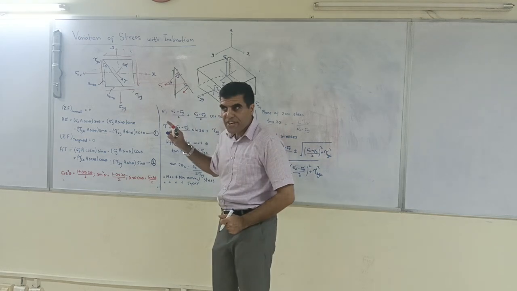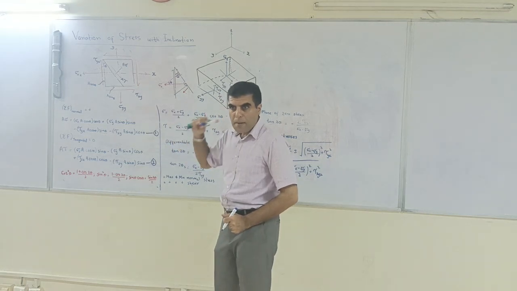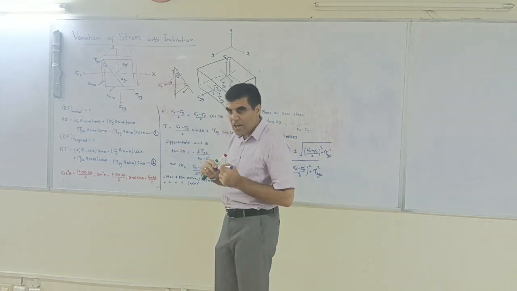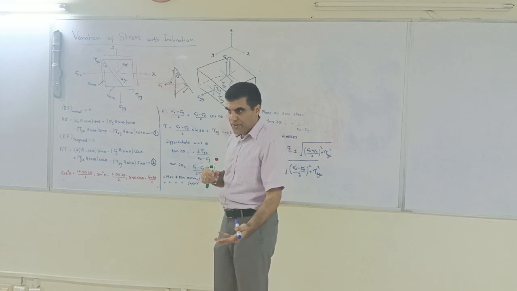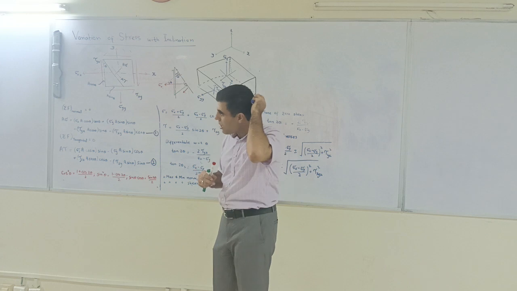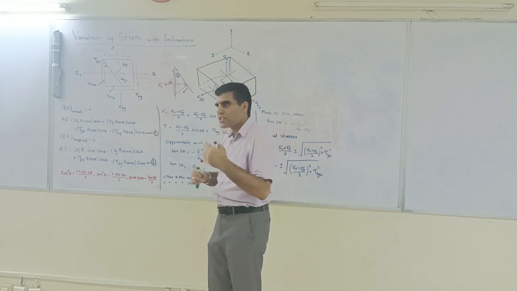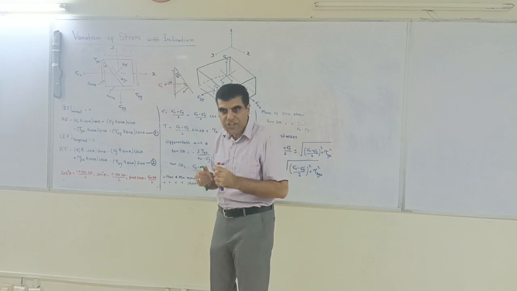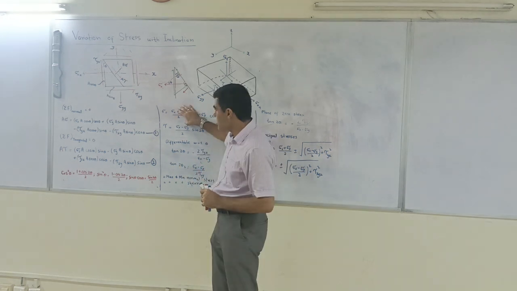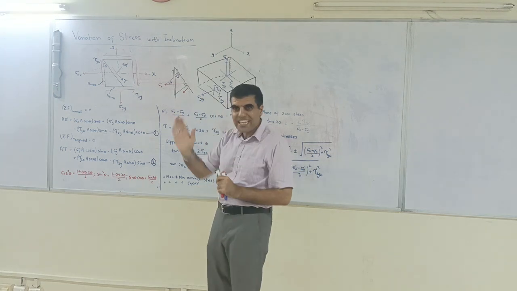Now we are interested in finding out the theta which will give us maximum stress. So obviously when you talk about an equation which should give you maximum stress, we are talking actually about maxima and minima. So we have to differentiate these equations with respect to theta.